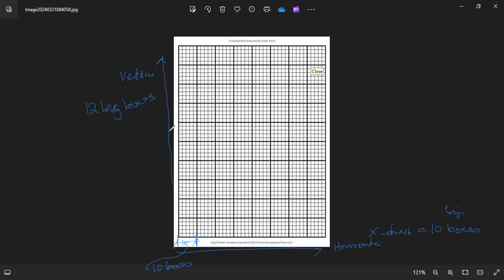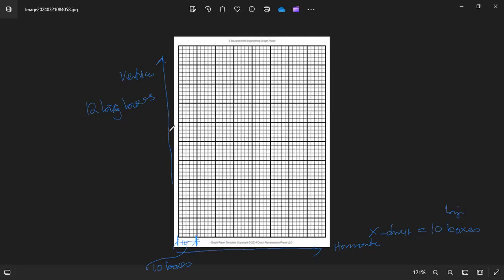Per this class, we are going to use a normal graph. Vertical is not 10 and horizontal is also not 10. That is not a normal graph. A normal graph is a rectangular graph, not a square graph.